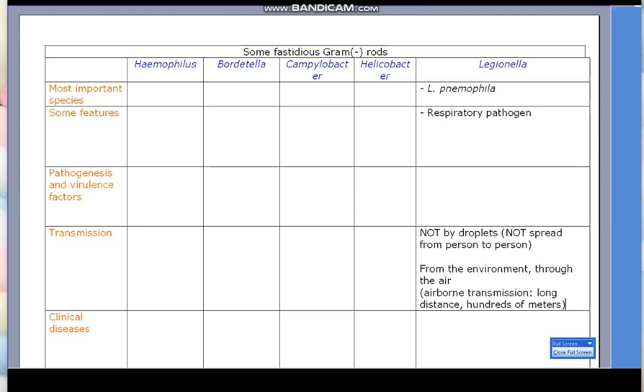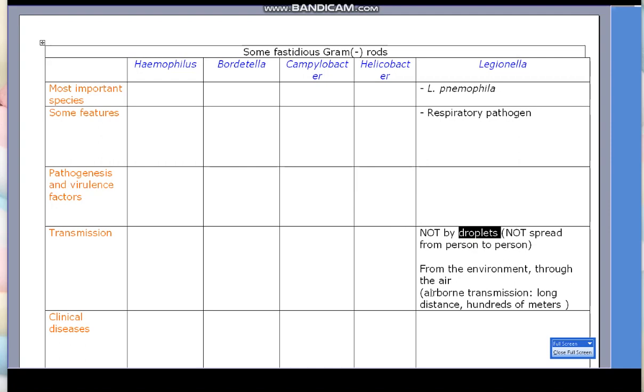Why is this possible? Because these particles are very small. Remember, the size of droplets is very large. Not very large, but more than 0.5 micrometers.